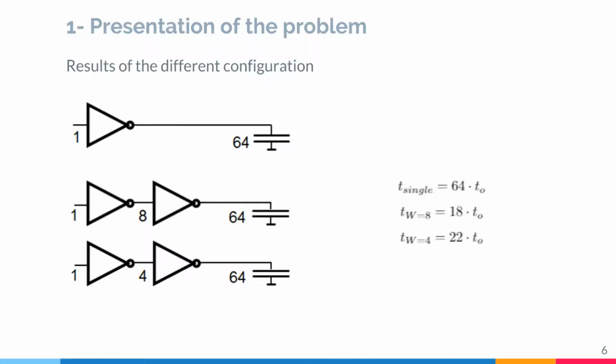This means that we have to find not only the optimal number of stages necessary, but also the distribution of capacitances that would allow us to minimize the delay of the chain. We will first analyze the optimal distribution of capacitances, and later we will obtain the optimal number of stages.